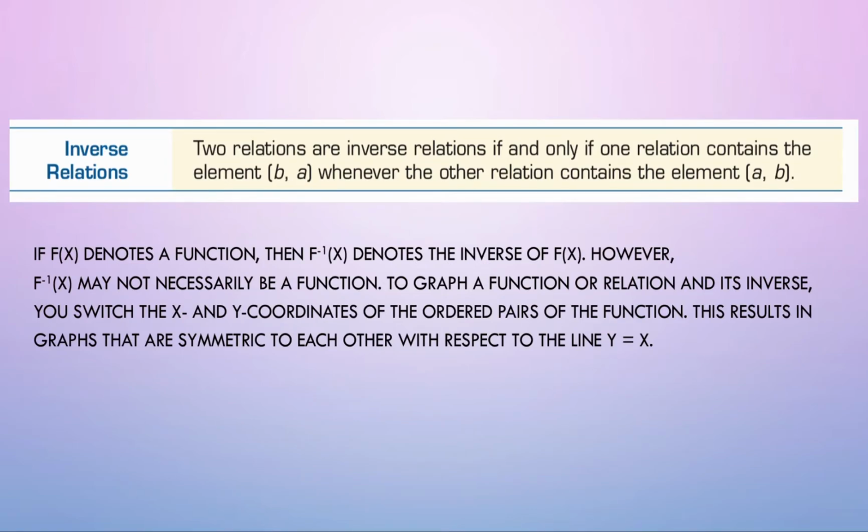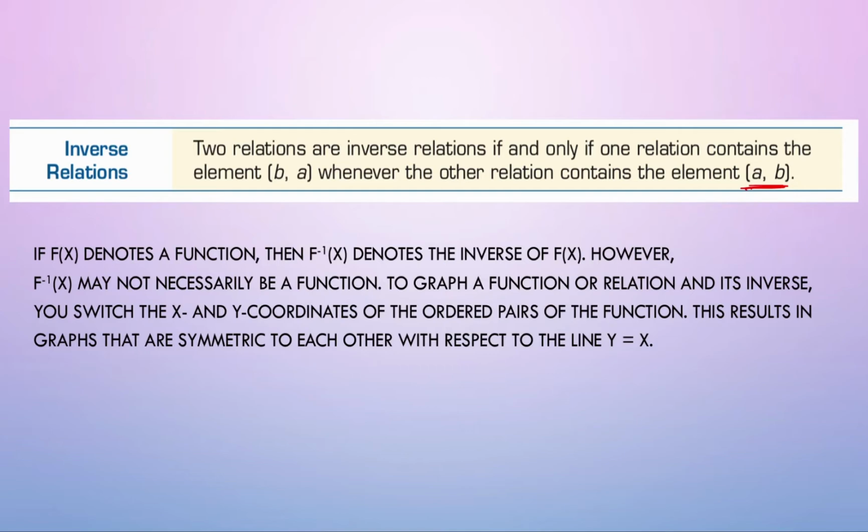Two relations are inverse relations if and only if one relation contains the element (b, a) whenever the other relation contains the element (a, b). So for every point (a, b) or (x, y) in the function, the inverse has that same point with the x and the y switched.